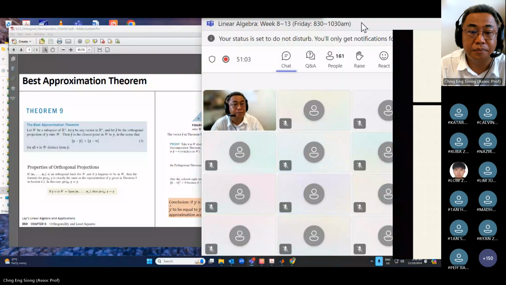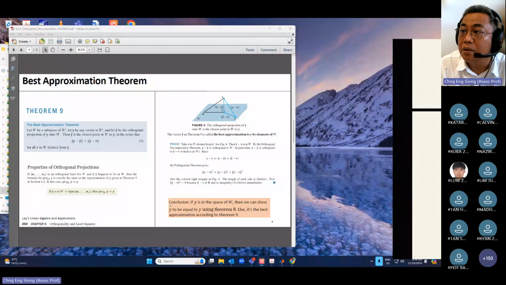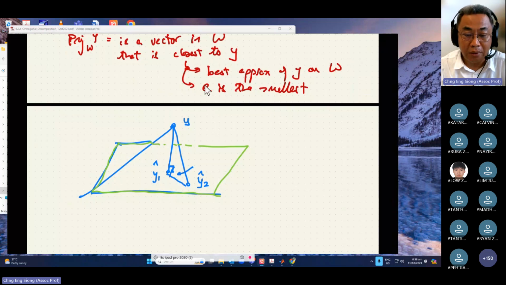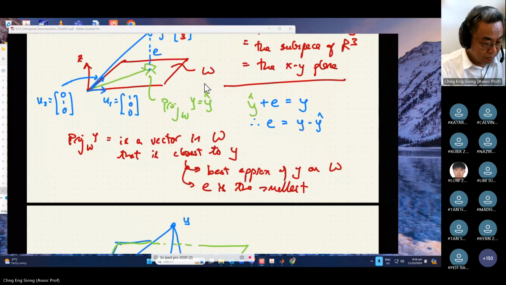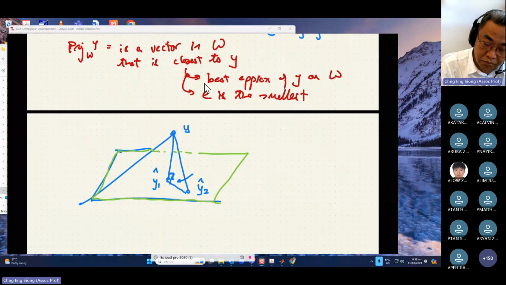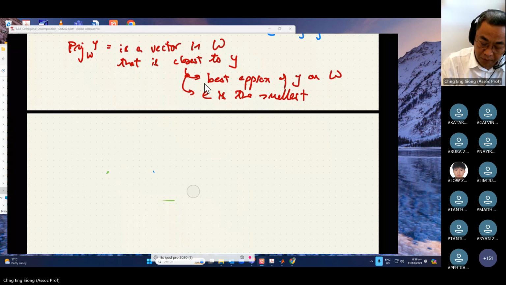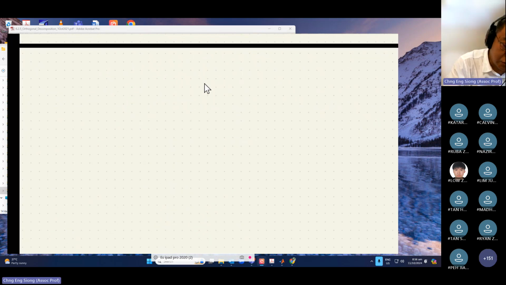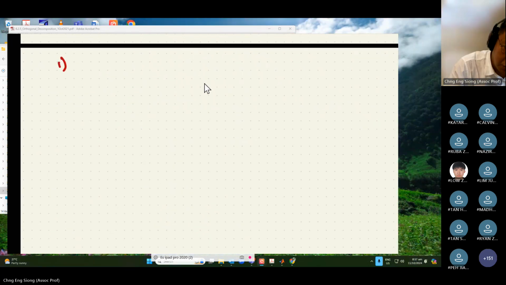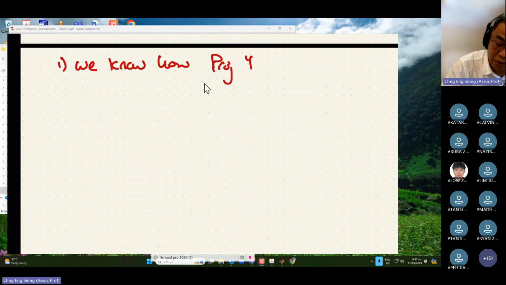Theorem 9. Okay, so now we are back. So the question now is, we know how to project y onto a line called B. But now, how do we project y onto a space?